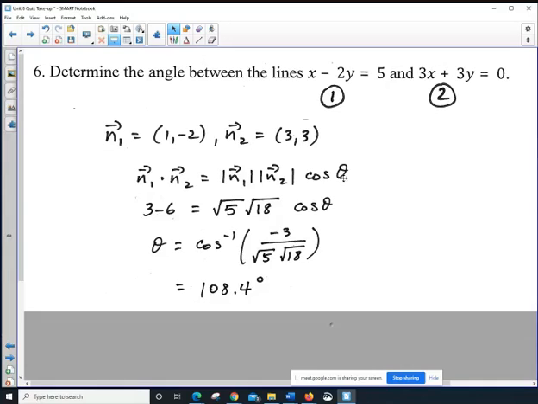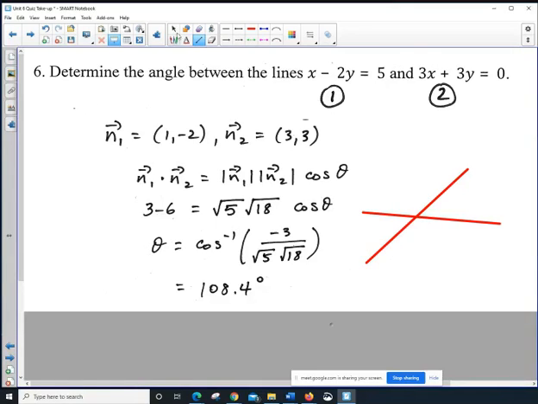But when you have two lines, if we remember, there are actually two angles between them. There's an acute one and there's an obtuse one. The standard is to always use the acute one to represent the angle between them.